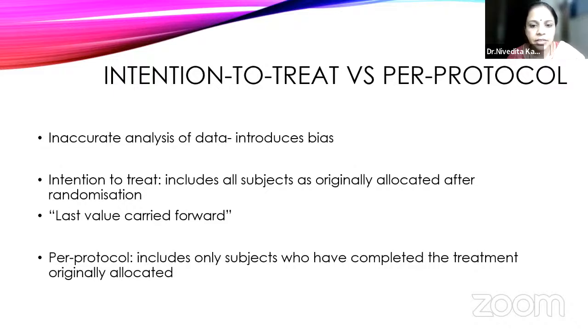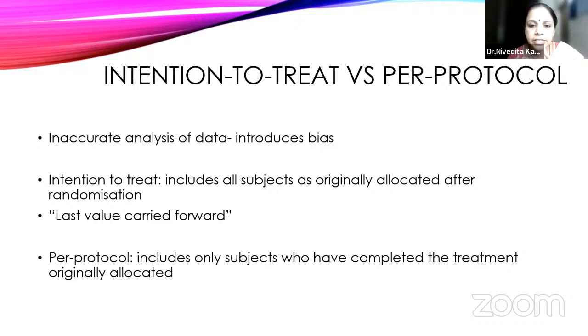So whoever has been in the treatment arm, irrespective of whether they have completed the protocol, they have died, they have defaulted, have to be considered in the treatment arm. This gives us a very practical real life scenario, because unlike a randomized control trial, a real life scenario is not so tightly regulated. There are patients who default, there are patients who die, there are patients who are lost to follow up. So what happens in a real life scenario is probably reflected in an intention to treat study.